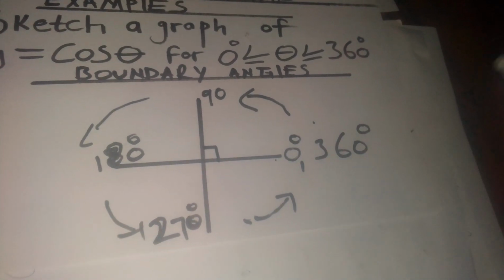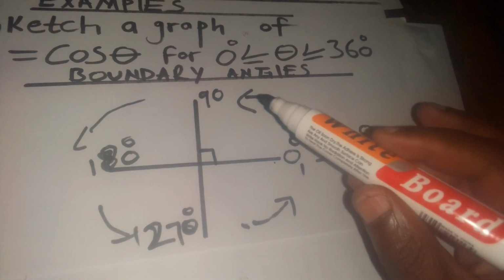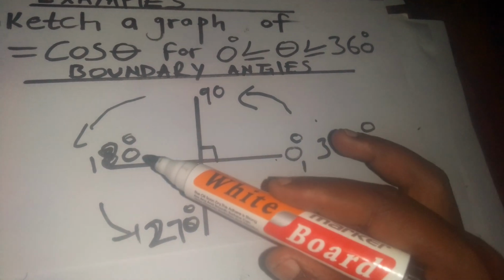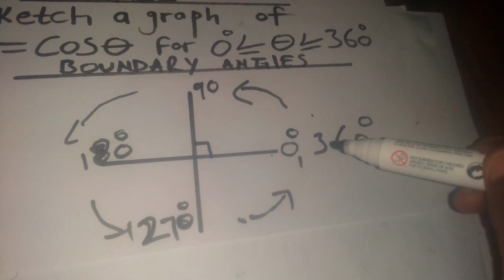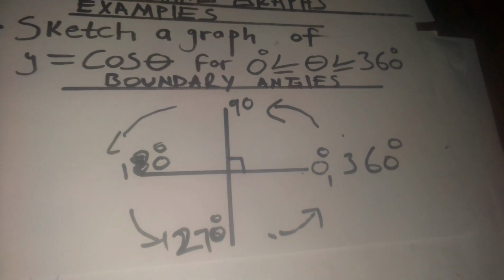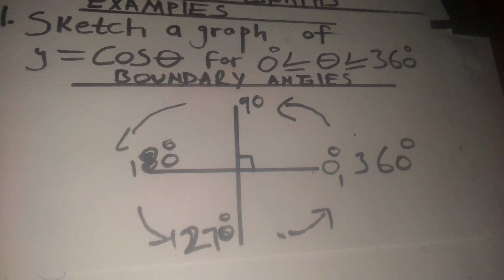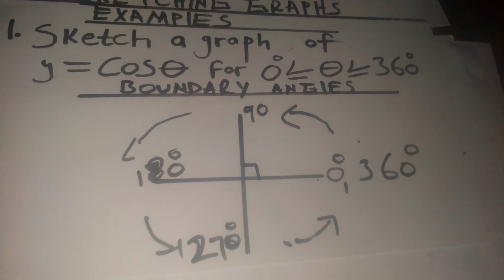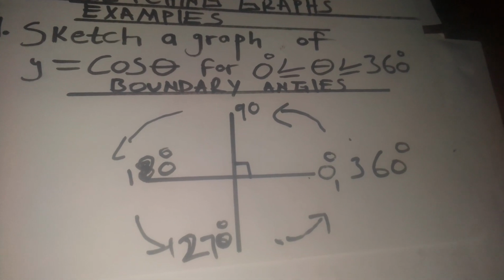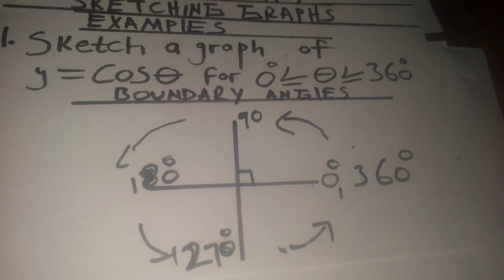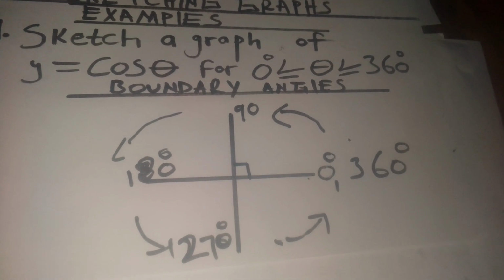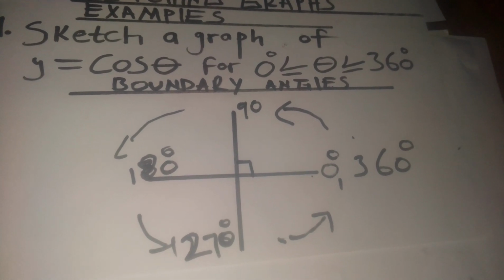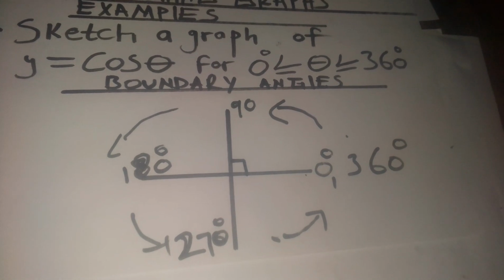Now, the angles that we have are 0 degrees, 90 degrees, 180 degrees, 270 and 360. These angles play a major role when coming up with a graph for cos and sine. In the next video, I will show you how we sketch this fully. So stay tuned.